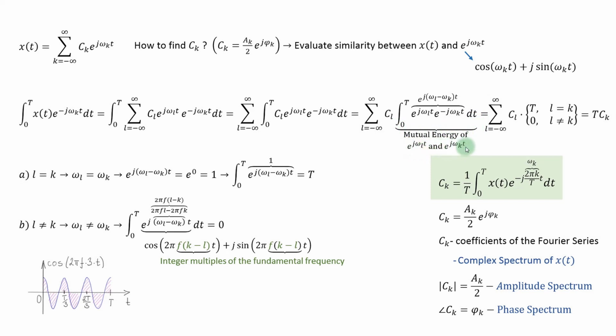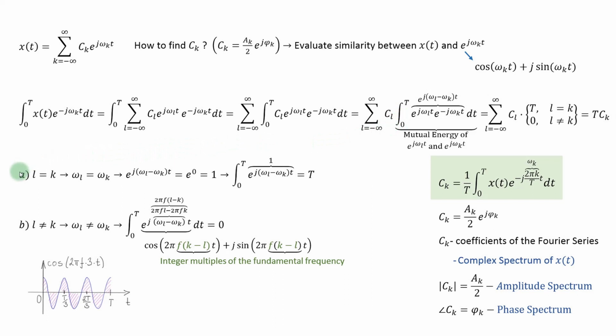It is the mutual energy between two exponentials at different frequencies. One is omega sub k, the other is omega sub L. The second thing I should realize is that I can combine these two exponentials into a single exponential. That will actually help me to evaluate the value of this integral. And I do want to evaluate the value of this integral.